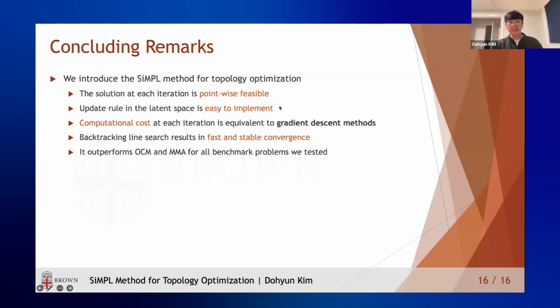The computational cost at each iteration is equivalent to the gradient descent method, so we only have to compute the function and the gradient, and the number of failures for backtracking line search is not too many. This allows us to have fast and stable convergence, and it also outperforms the standard method in topology optimization in all benchmark problems that we have tested.